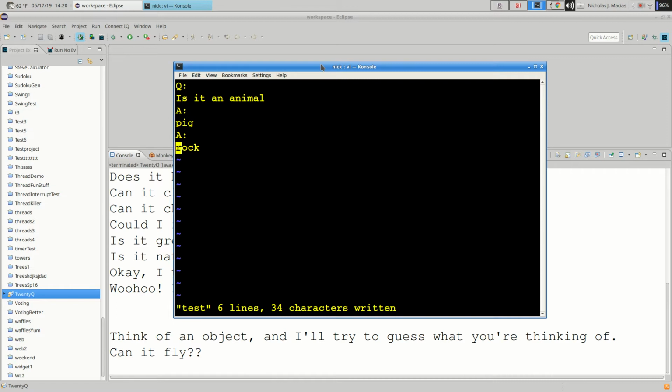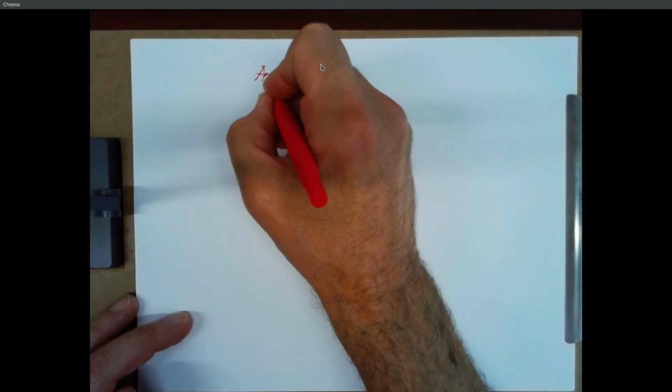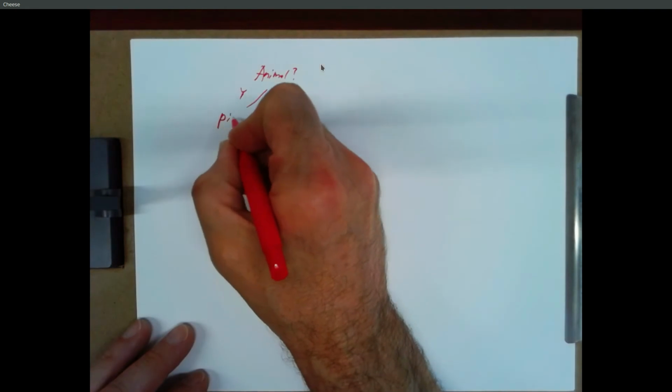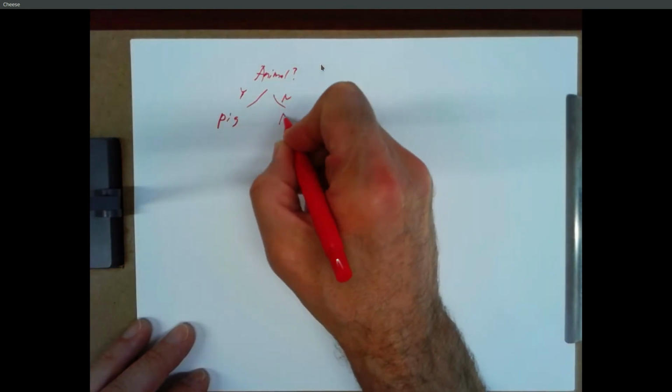All right, so pairs of lines, questions and answers. And right now, this is our simple tree that we used the other day. So is it an animal? And if yes, then, I don't know, did I say pig or dog? It's pig. And if no, then it's a rock.